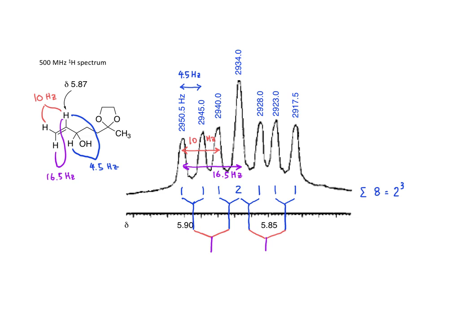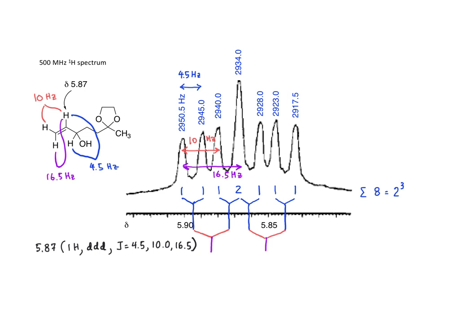I've come up with a coupling pattern. At 5.87, one hydrogen is a doublet of doublets with coupling constants 4.5 hertz, 10 hertz, and 16.5 hertz. Again, try to do this on your own.